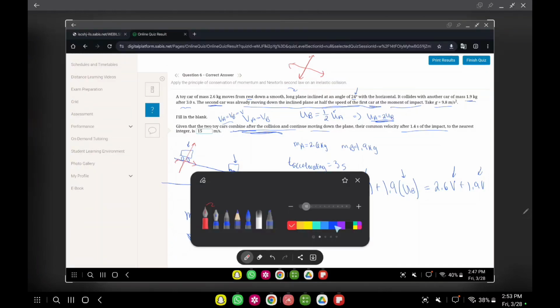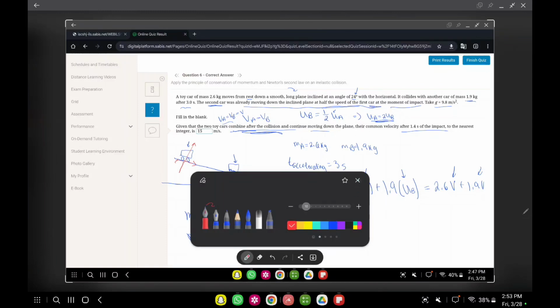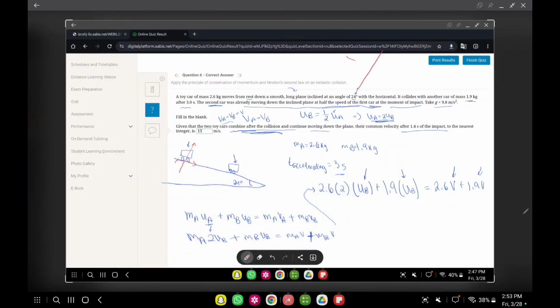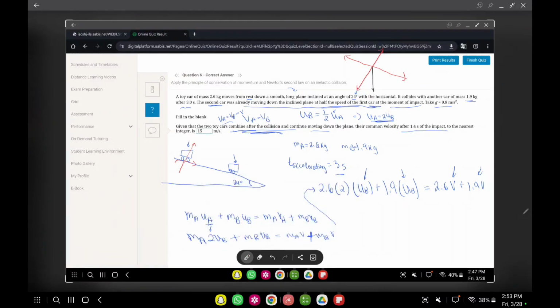The weight will be going vertically downwards, and the angle between the weight and the vertical will be, let me make this bigger because this is very ugly, over here. The first force acting on it is going to be the weight, right? And it's going to have 24 degrees over here.